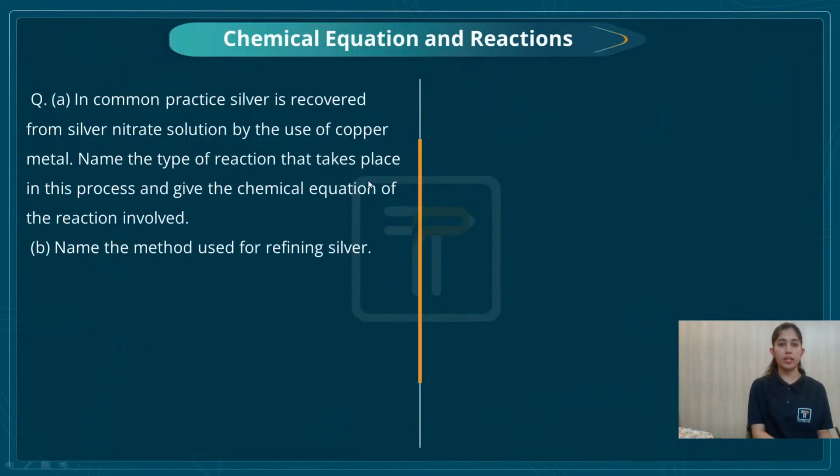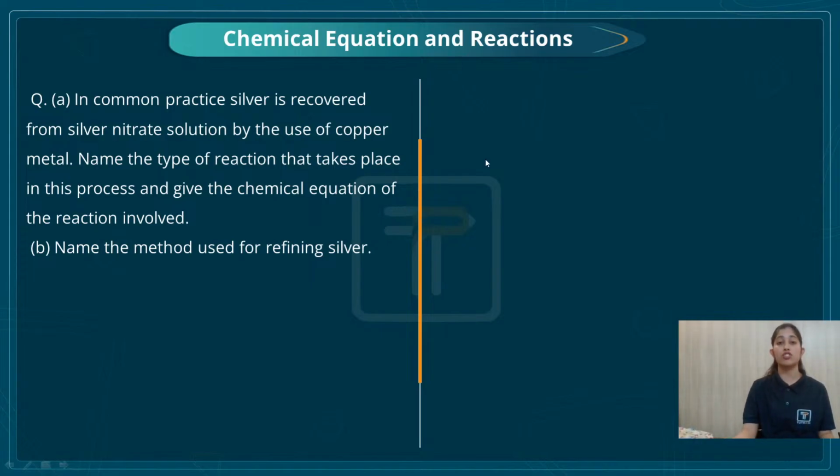Next one. In common practice, silver is recovered from silver nitrate by the use of copper metal. Name the type of reaction that takes place. Again, you should have the example. What type of reaction is this? Come on, this time I want an answer from you all. This is a very common reaction.